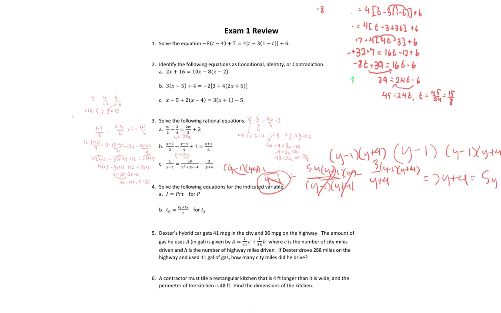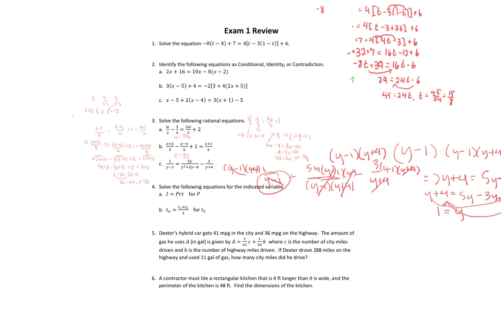And here we know that the y plus 4's cancel, giving us a minus 3 times y minus 1. So then if we go ahead and solve for this, we get y plus 4 is equal to 5y minus 3y plus 3. And so then if we subtract the y on this side and combine like terms, and then subtract the 3 over here, then we get 1 is equal to y, or y is equal to 1.